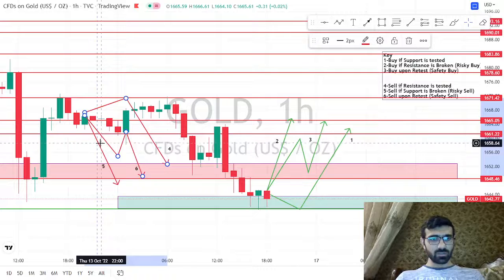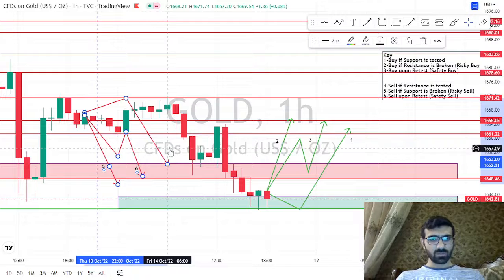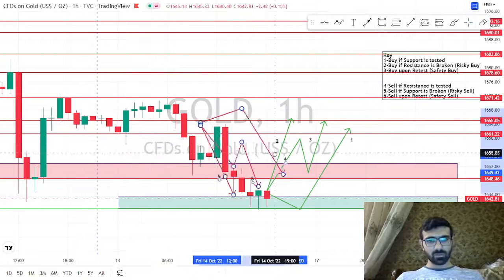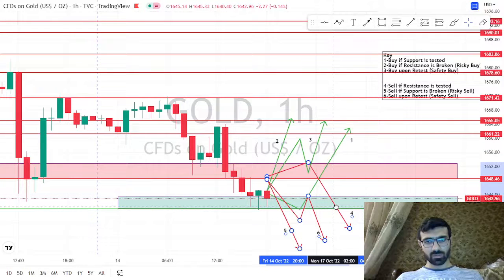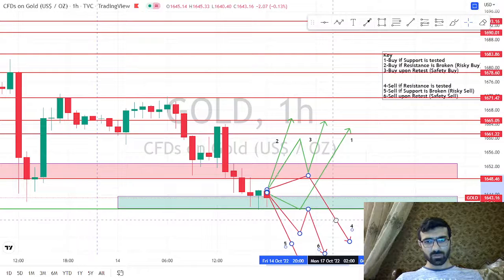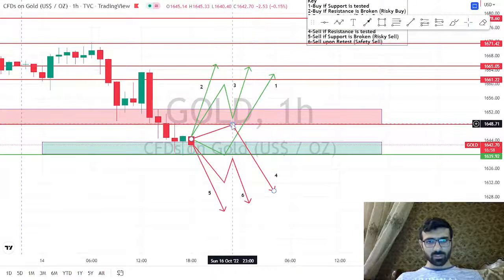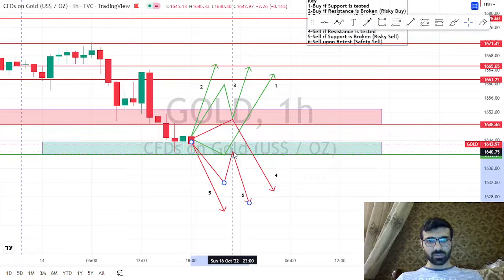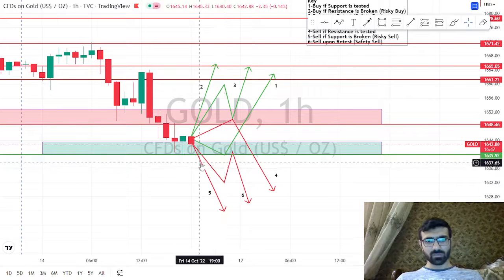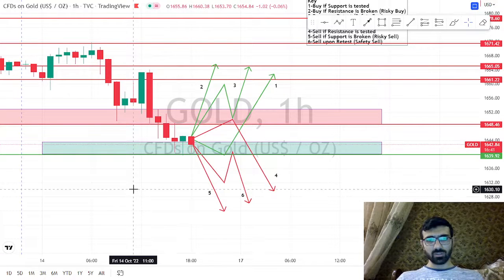For the purpose of selling, if the market simply tests this area of resistance, then we will sell this pair. Or if the market tests the support area once again, then we will sell this pair. Or if we are a risky seller, we will sell straight away if the market closes below this area of support.